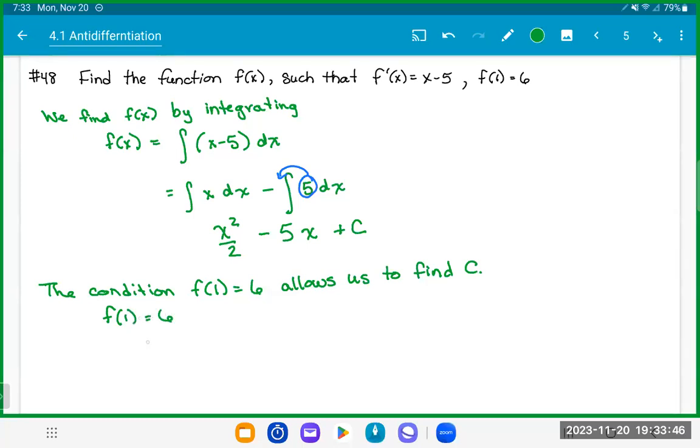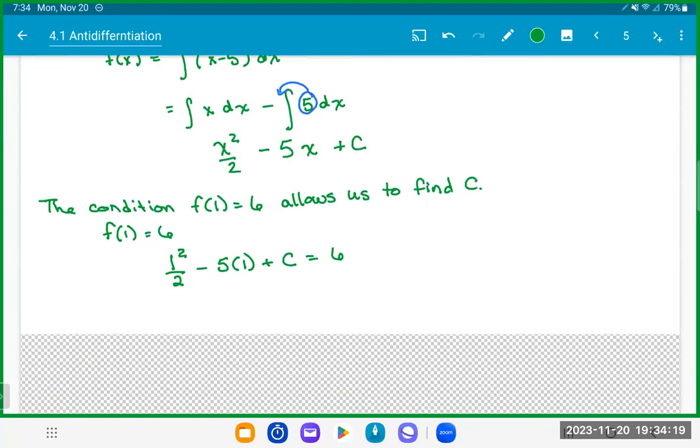So we plug that in for our x. So we have 1 squared over 2 minus 5 times 1 plus c, and this equals 6, okay? Because it tells us that f evaluated at 1 equals 6, okay?